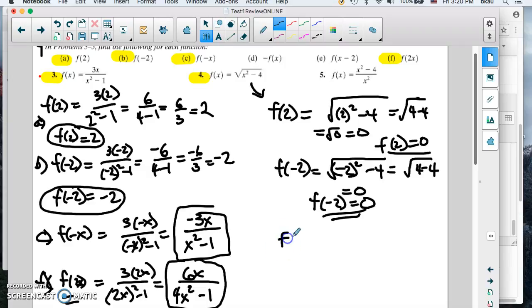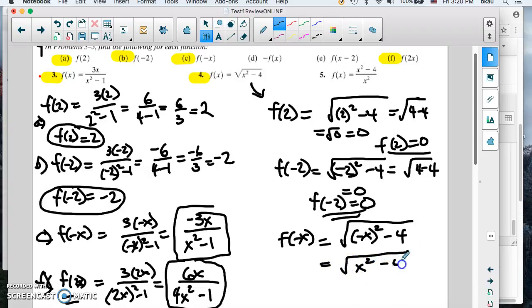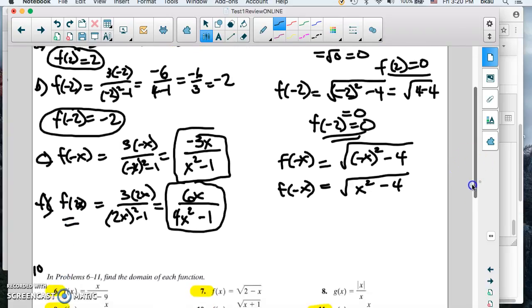F of negative x, we're just going to put the negative x in there instead of a positive x, square it and subtract 4. We actually end up with exactly the same formula. Later on, we're going to call that even because it didn't change the formula.